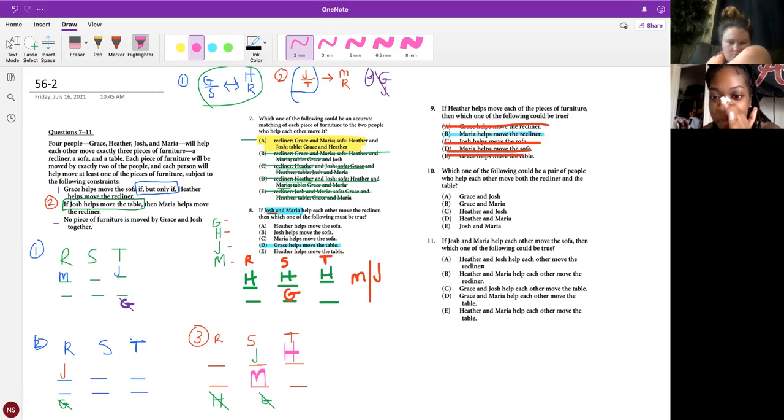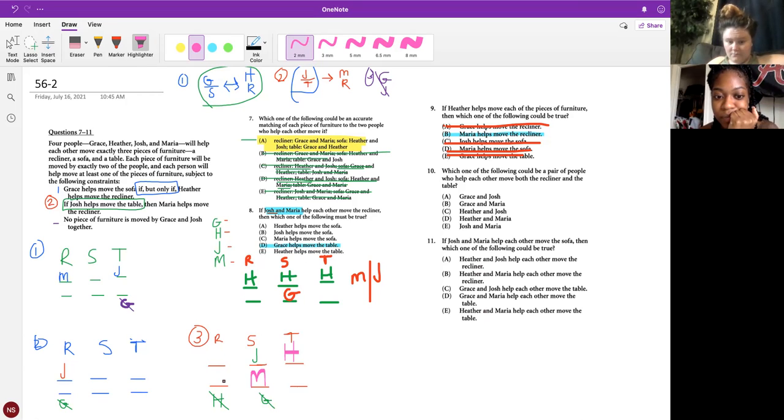Okay, it could be true. So G can go anywhere but S. So G can go in R or T. And we could use J or M again, technically, right? Yeah, I forget that we can use those again. So basically J and M can move and G can move. So can H and J move the recliner?